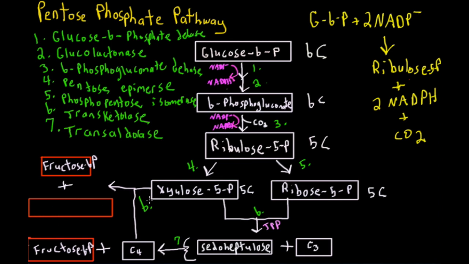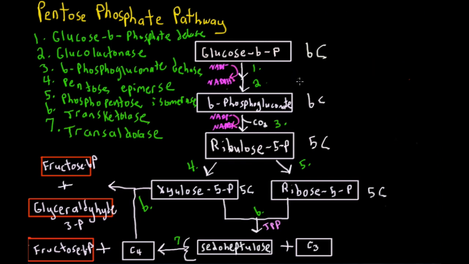But we can also get, since this is going to be 9 carbons total, and this fructose is only 6 of them, we're also going to end up with the glyceraldehyde 3-phosphate, which you may remember from glycolysis. So we can take this, we can turn this into 2,3-BPG and actually affect our oxygen affinity within our cells, or we can simply plug it back into glycolysis and use it as a precursor to get more pyruvate.